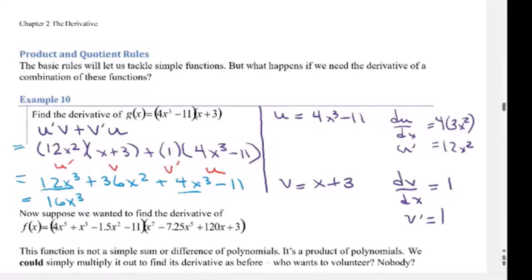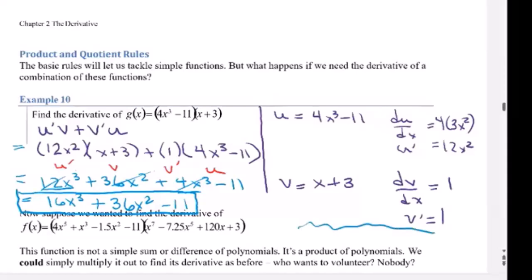I don't have any other x squareds, so plus 36x squared, done, minus 11, complete. So that is how you use the product rule. I really recommend this technique over here, where you find your derivatives first and then you just plug them in. Up to you.